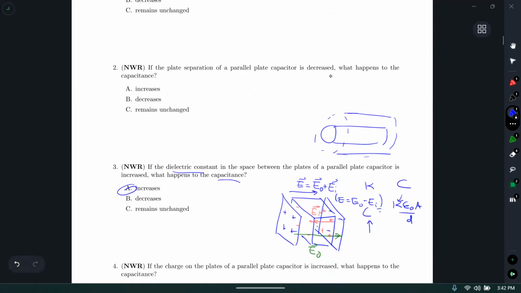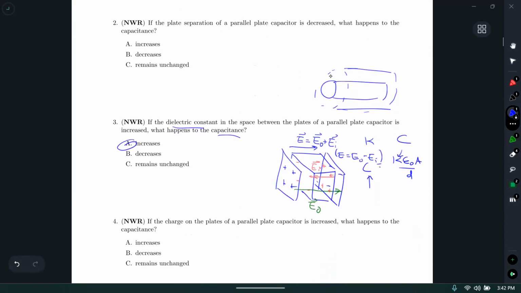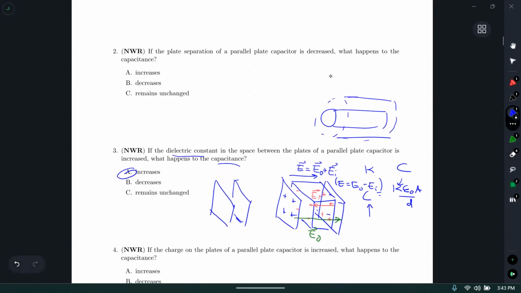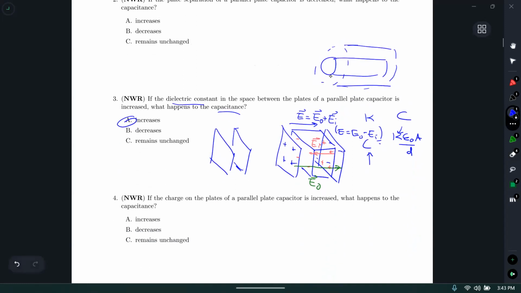But it's really just specifying, in this case, two rectangular plates if you want, or it could be two circular plates. But the idea is that it's a planar situation. It's not cylindrical, it's not spherical. So anytime you see parallel plate capacitor, just think of two metal sheets placed side by side. That is an example of a parallel plate capacitor.